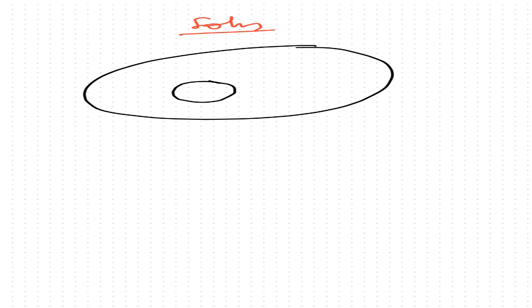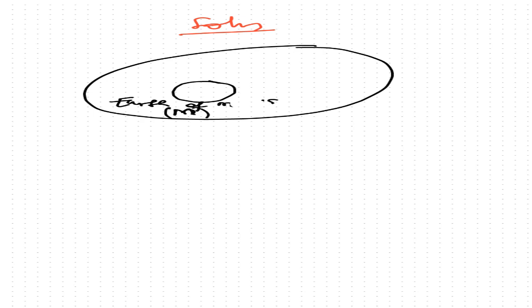So you will say Earth of mass, capital M. That is the Earth of mass, according to the question.